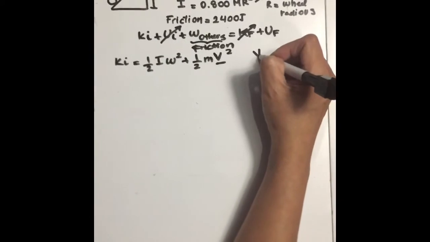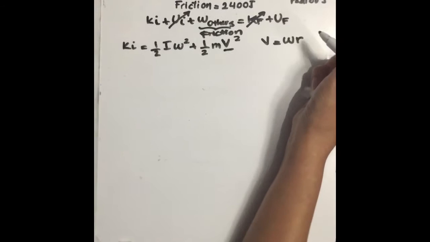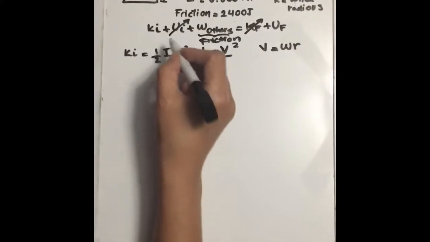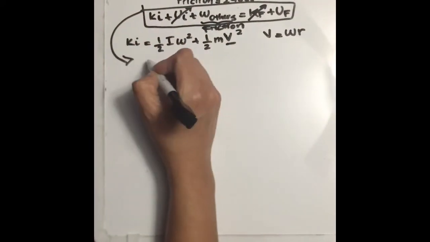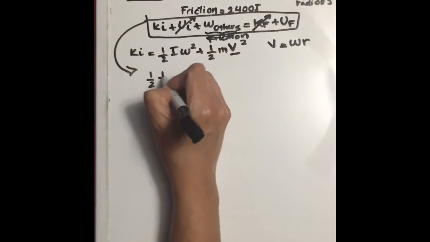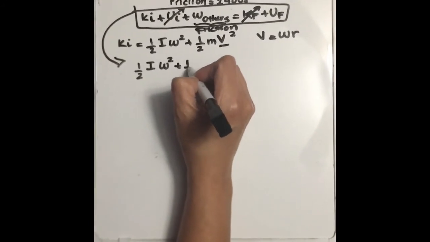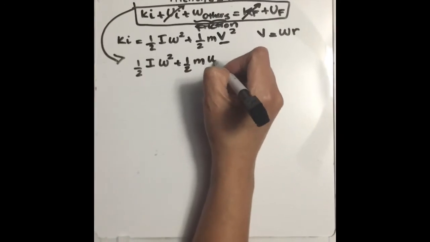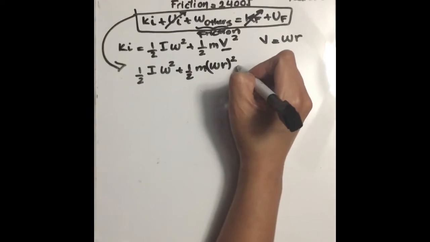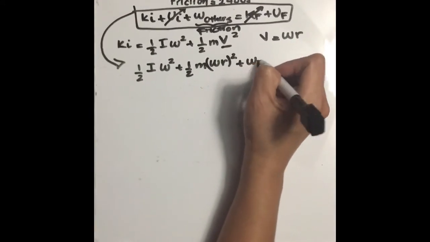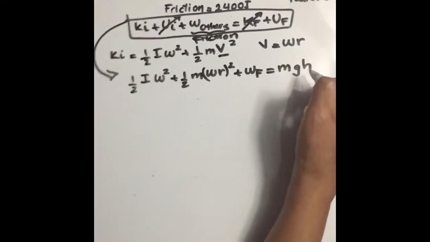We know that linear velocity is equal to angular velocity times the radius. So this whole formula is going to end up like this: 1/2 moment of inertia times angular speed squared plus 1/2 mass times angular velocity times radius squared plus work of friction equals mass, gravity, and h.